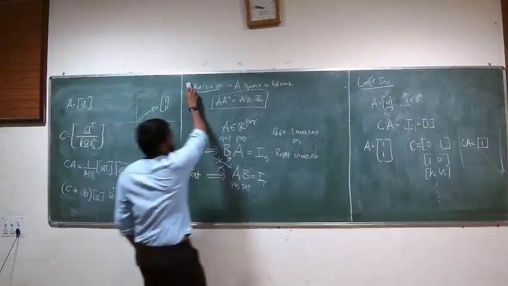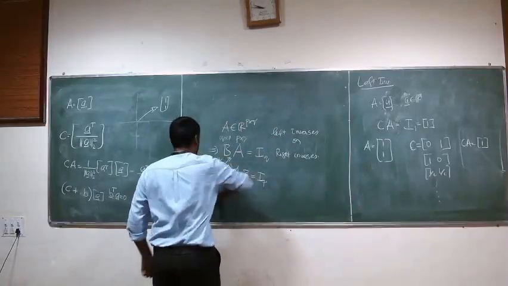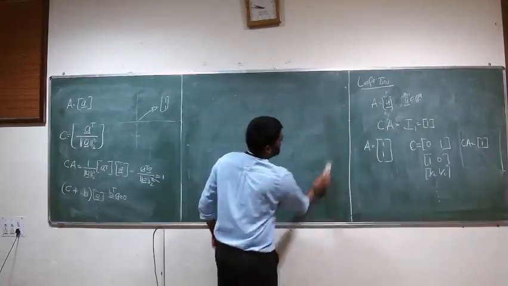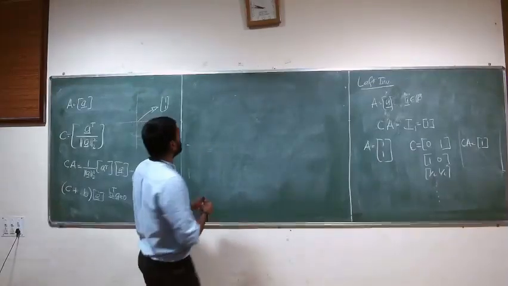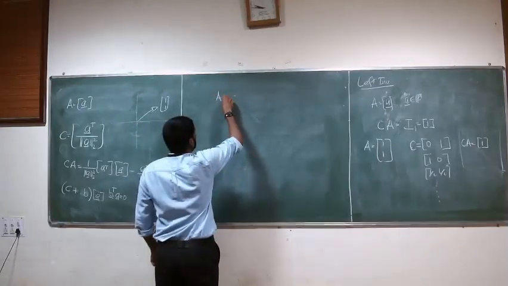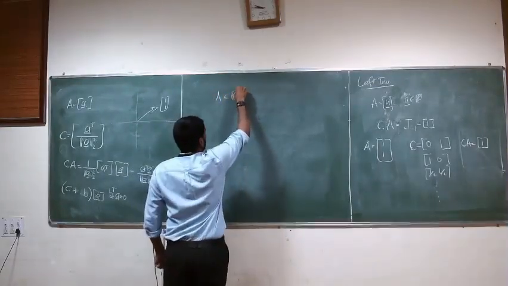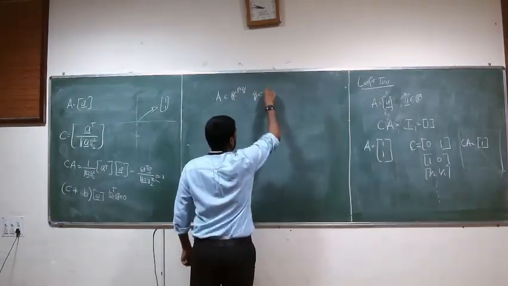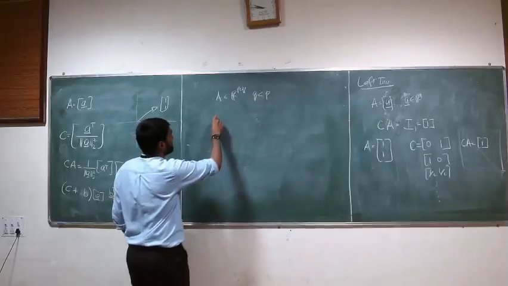So we can generalize this now, instead of talking about just one column. If you have A, it's P cross Q, and Q is less than P. Okay.